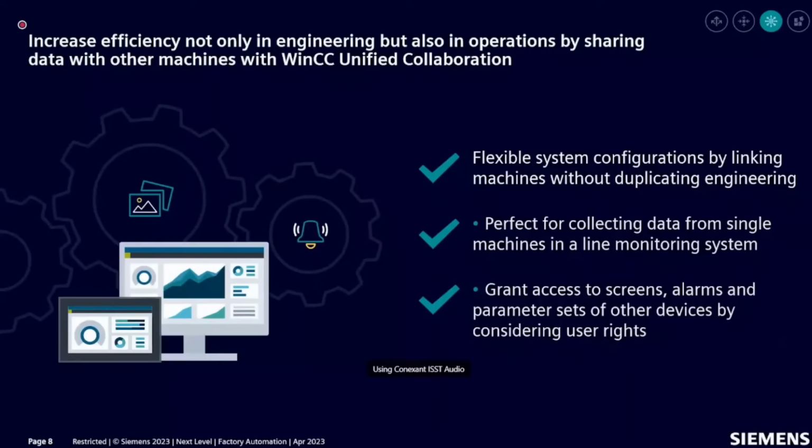But here you don't require that, with the help of the unified collaboration function available in this unified SCADA system. Through that, you can share your machine A screen with machine 2. It's a perfect solution from single machine to line monitoring, and even for multiple machines.